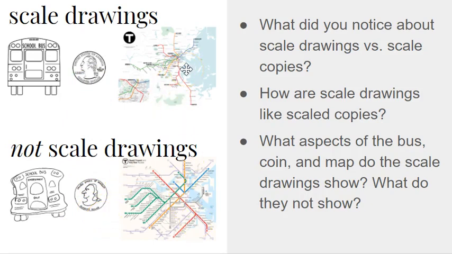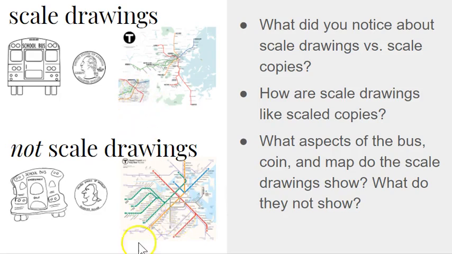This map is a scale drawing of bus lines in Boston, but this other one is not a scale drawing of bus lines because look, we've got straight lines. No city has completely straight lines for a bus to go around in. So that is not what's going on here.